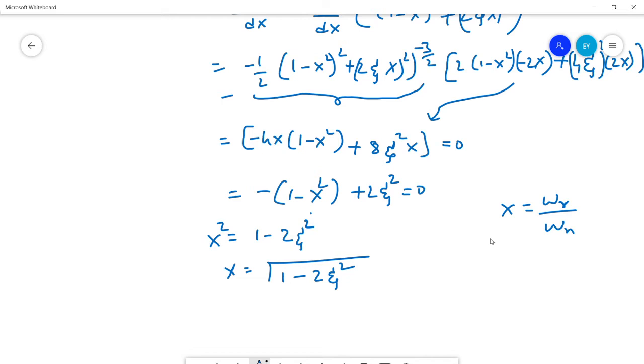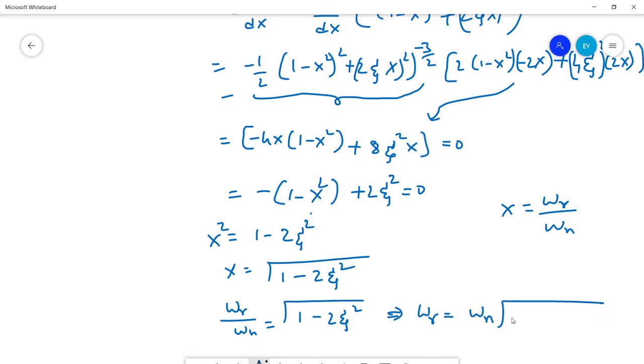So substitute x equal to this term here: omega r by omega n is equal to root of 1 minus 2 zeta square. That implies omega r is equal to omega n into square root of 1 minus 2 zeta square. So this is the expression for resonant frequency.